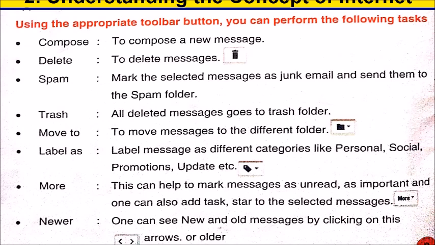Label as, to label messages in different categories like personal, social, promotional, updates, etc. More, this can help to mark messages as unread, as important, and one can also add a star to the selected messages. Newer, one can see new or old messages by clicking on this using the arrow keys.